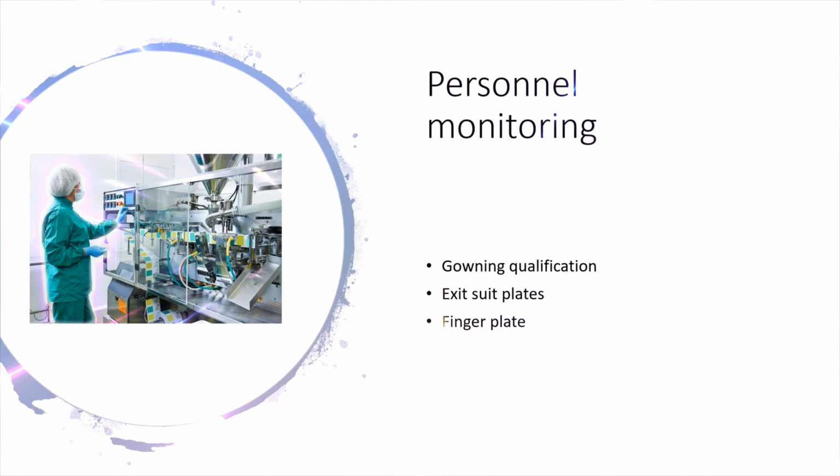So it would be bad practice to take suit contact plates and then still have people wearing the gowns and working in the area. And then the periodic taking of finger plates as well is an important assessment of good glove management and control.